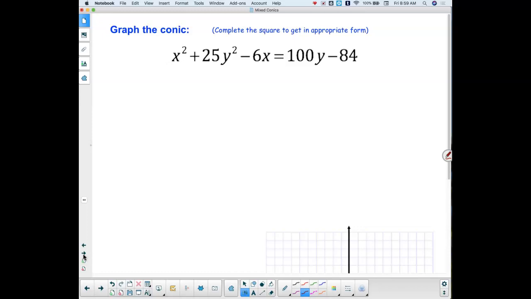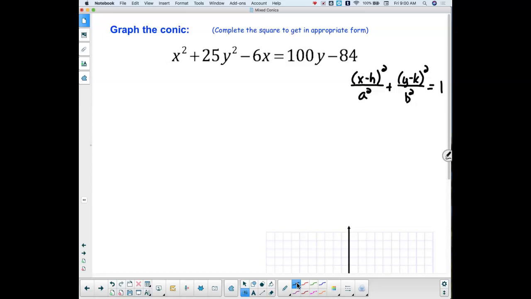Because this is an ellipse, it needs to be in the form x minus h quantity squared divided by a squared plus y minus k quantity squared divided by b squared equals 1. So we got some work to do, right? First thing that you need to do is group everything.